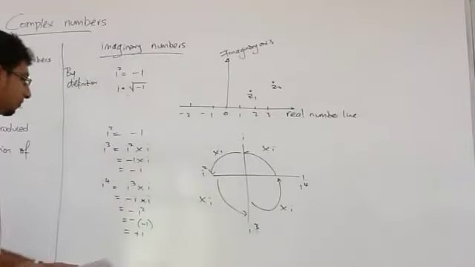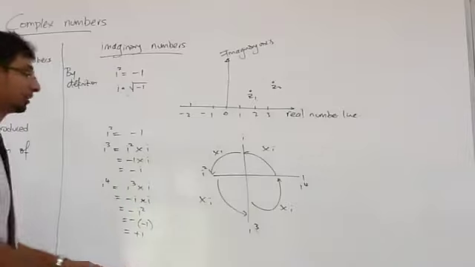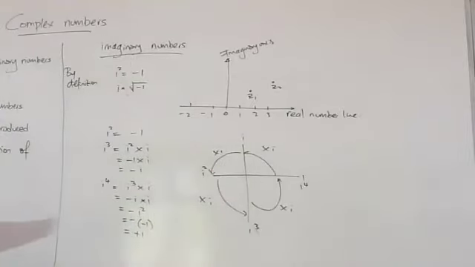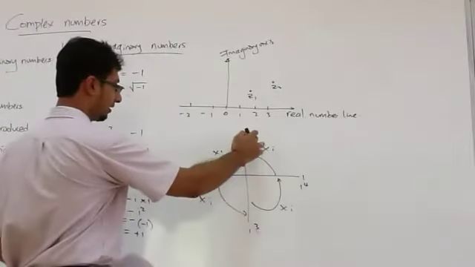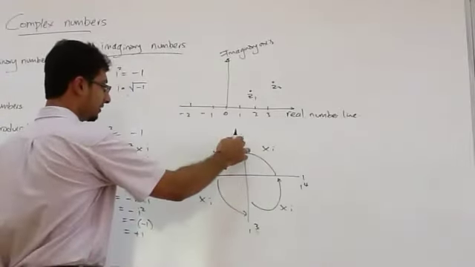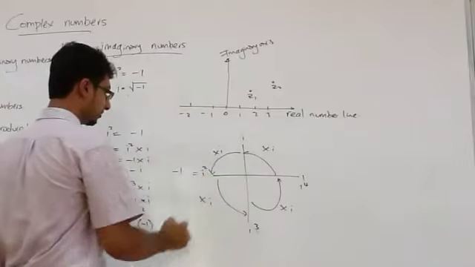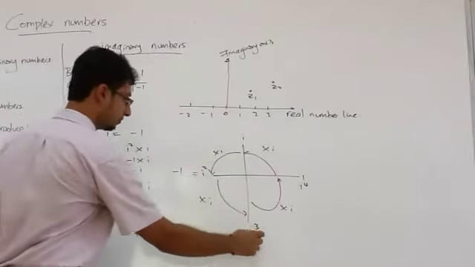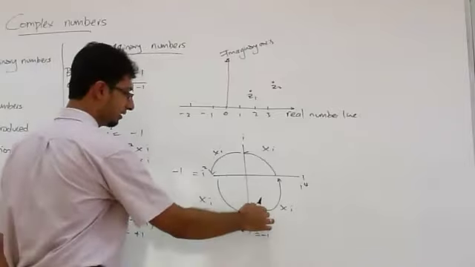And you see that i to the 4 is 1. So we get back to the initial point. So 1, times i, times i squared, which is minus 1, i cubed, which is negative i.